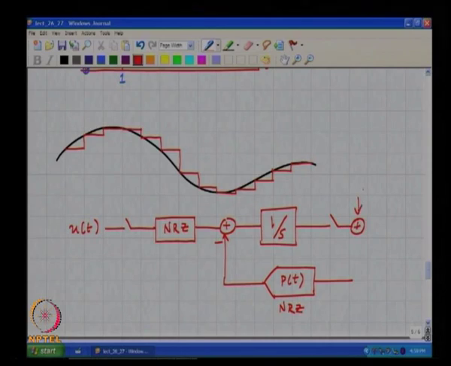This is the quantization noise. And this is V. Rather, let me say, is this clear?